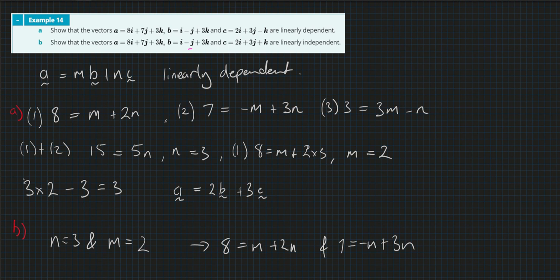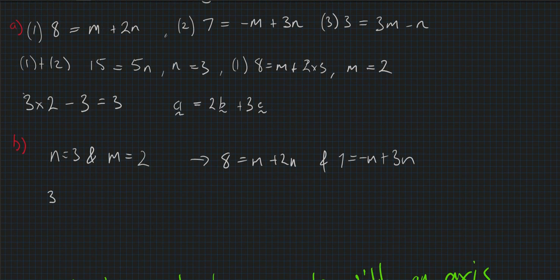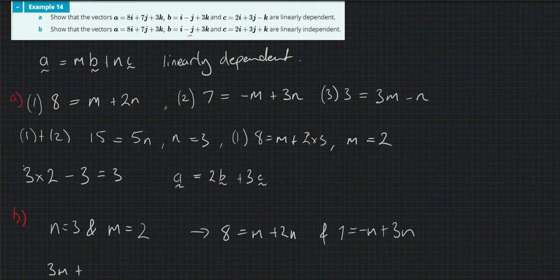So 3m, because we're multiplying b by m, plus just n, wasn't it?